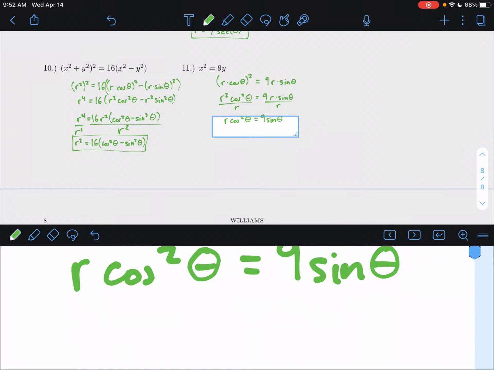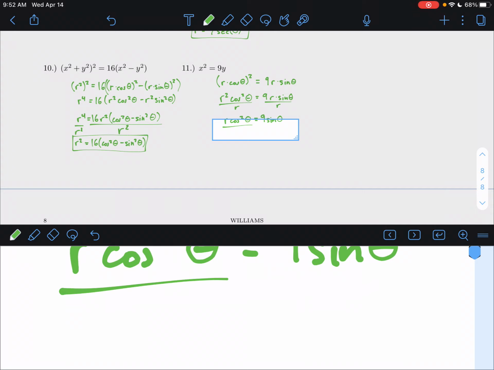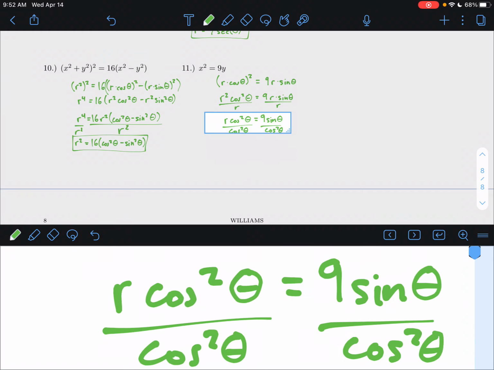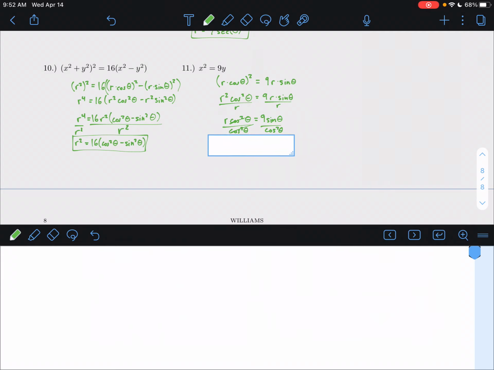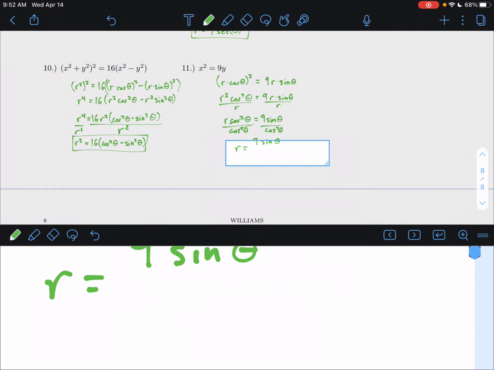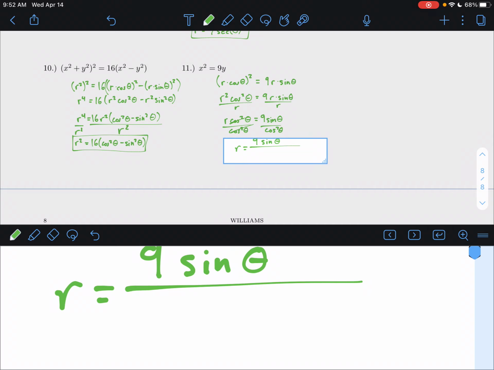And I could leave it like this, but I'm going to simplify it a bit more. So divide both sides by cosine squared of theta, and I'm left with r equals 9 times the sine of theta over cosine squared of theta. I'm going to write that cosine squared of theta as cosine of theta times cosine of theta.